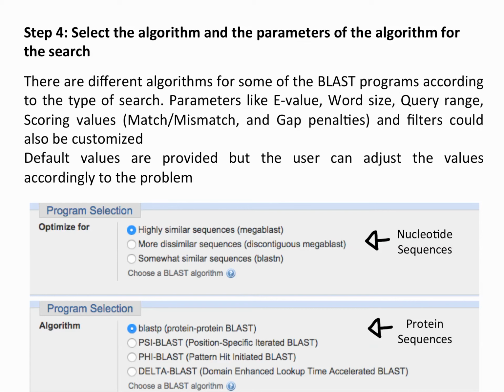The next step is the selection of the algorithm and parameters for the search. There are several algorithms depending on the nature of the query sequence and the biological problem we are interested to solve.